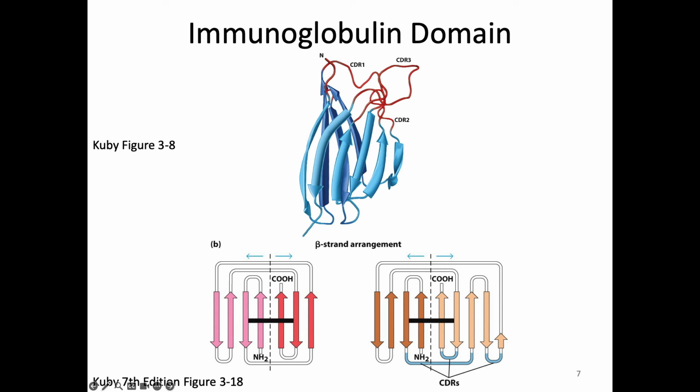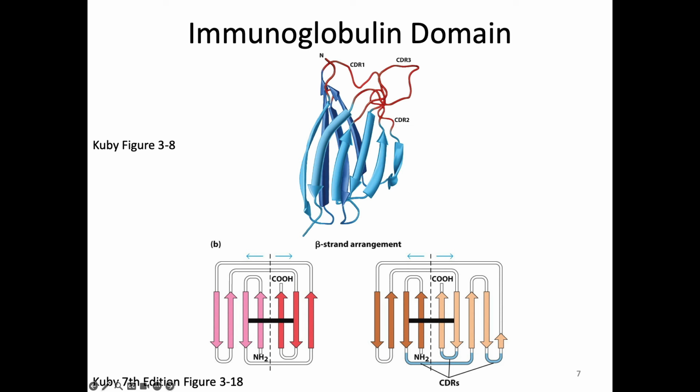This is a major protein fold that is found in many of these types of proteins. What you can notice with the immunoglobulin fold is we've got these arrows. Those are all beta sheets that are connected by some loops.